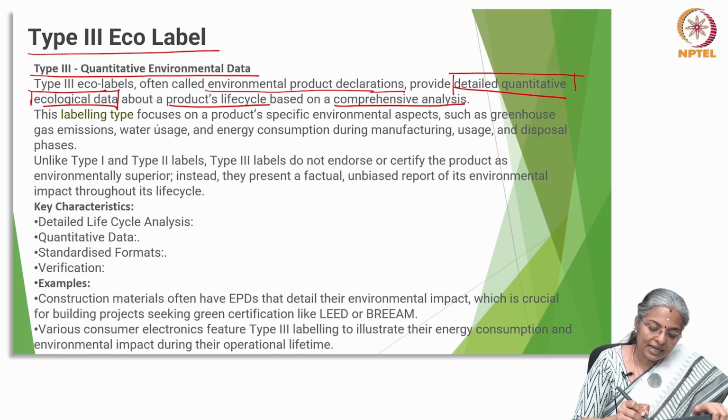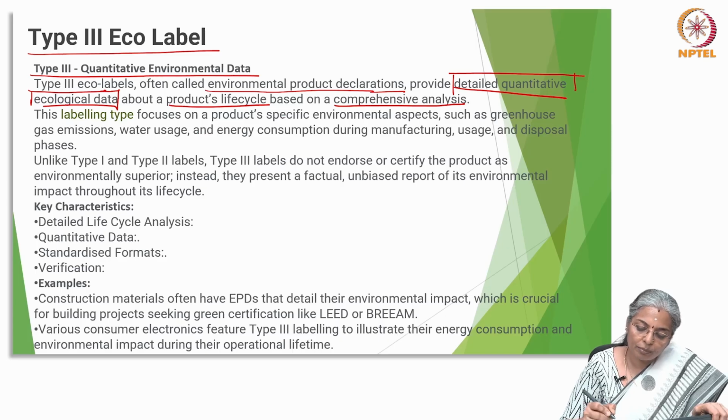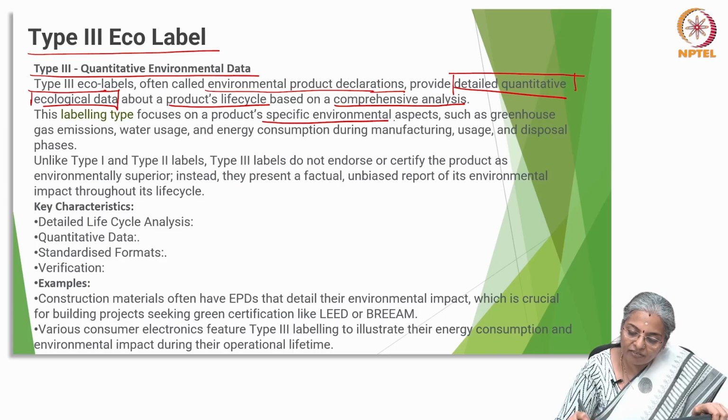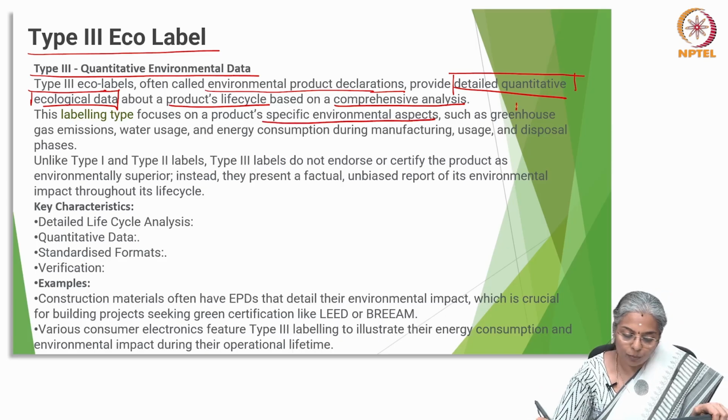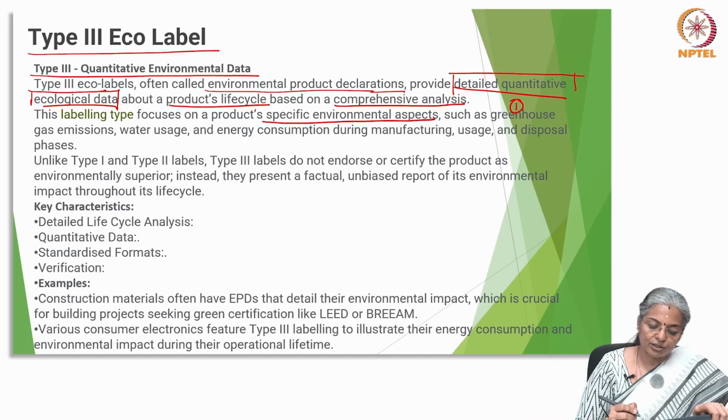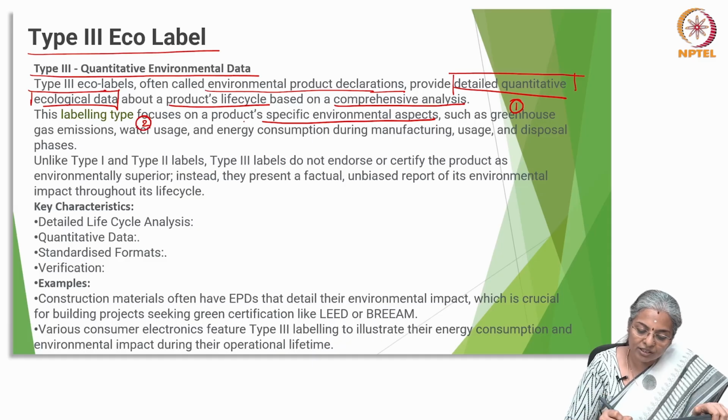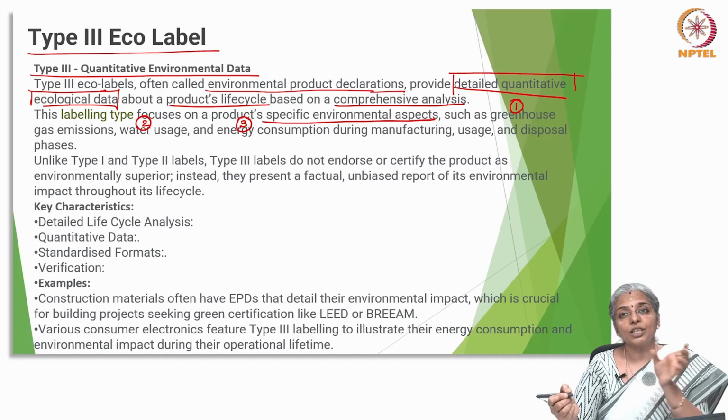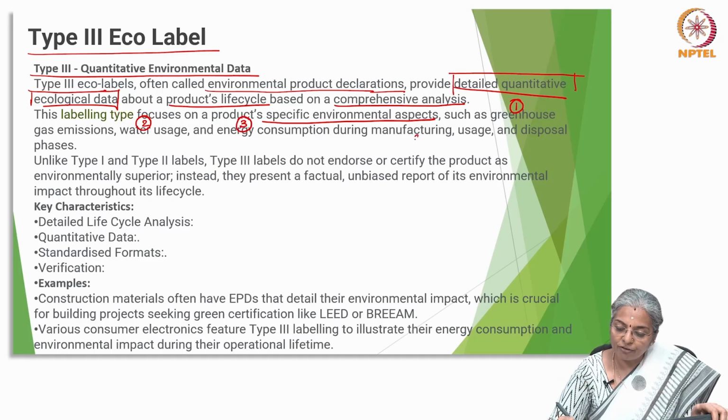Here, this labeling type will focus on the product's specific environmental aspects. It could be the GHG emissions of the product, or the amount of water that product has used, or the energy the product has consumed during each of its stages, such as manufacturing stage, or during building usage, or during disposal phase.